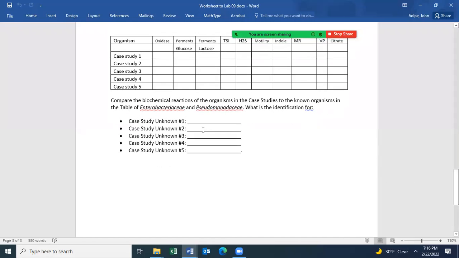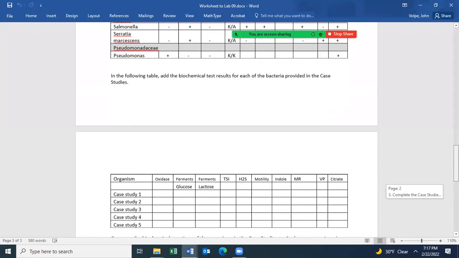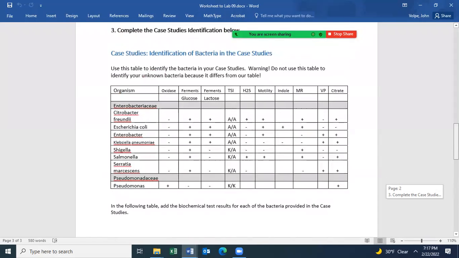You need to tell me what the species is. You can't tell me what the family is, because all of the infections in this lab are probably going to be caused by Enterobacteriaceae or Pseudomonadaceae. Any questions about any of that?